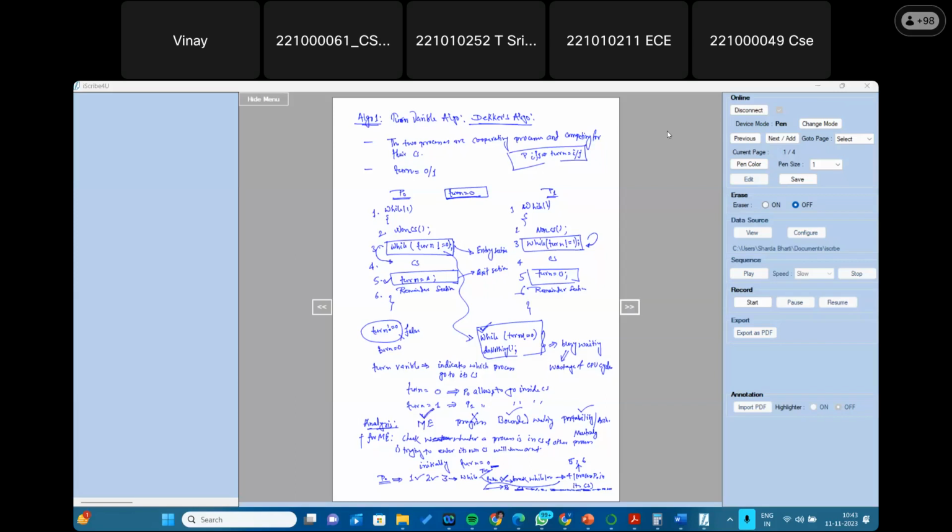So this is how algorithm 1 satisfied the mutual exclusion criteria. Okay, no issue. Now we'll check progress.